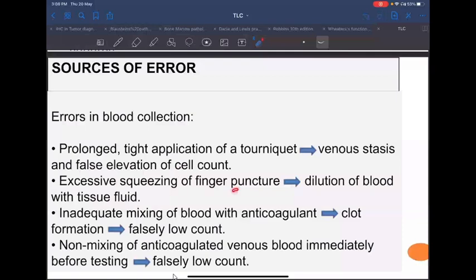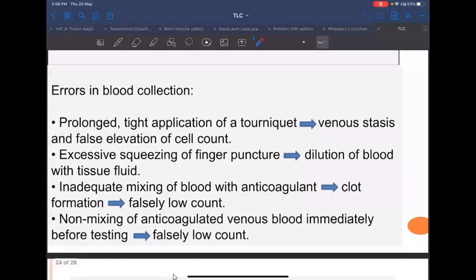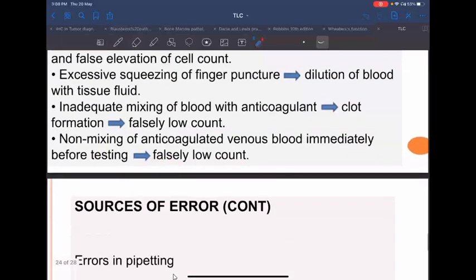Excessive squeezing of a finger puncture may lead to dilution of blood with tissue fluid, and inadequate mixing of blood with anticoagulant may lead to clot formation, which might lead to a falsely low count. And if the blood is not mixed in the EDTA vial with the anticoagulant, there might be a falsely low count.